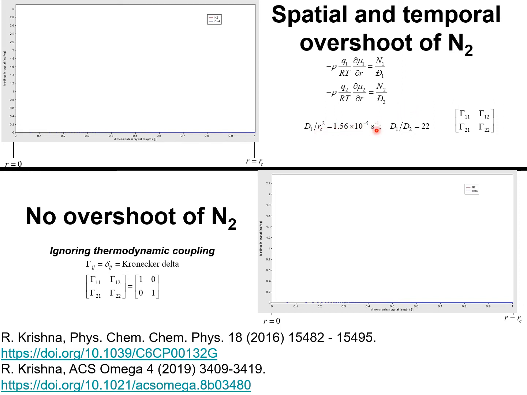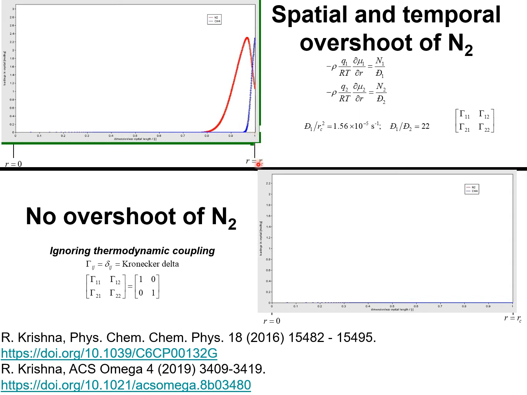We take the diffusivity values based on the data provided by Habgood, and let's first consider the transient uptake simulations in which the thermodynamic coupling effects are duly accounted for. The uptake of nitrogen is plotted and followed here as it develops inside the crystallite of 4A zeolite.